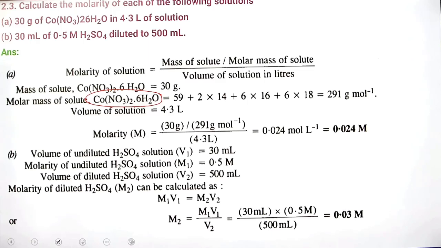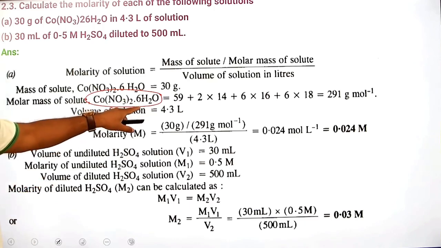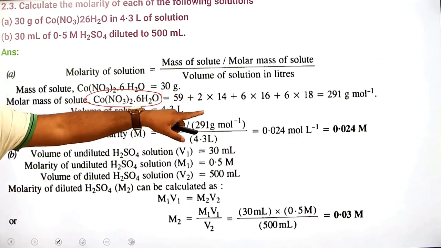So I need to understand in the next class, next week it is going to be. In the next class you are going to be very thorough in the most popular elements carrying atomic mass. So cobalt, nitrate and water molecules, how much is it going to be? 291.